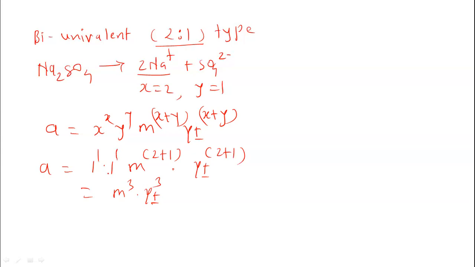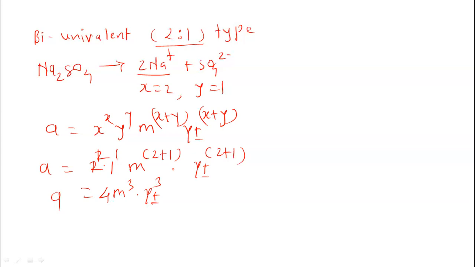Now here y is equal to 2, x is equal to 1, so 2 raised to 2 here. So it is 4 into m cube gamma plus minus raised to cube. So the expression for the activity of the electrolyte is 4 m cube into gamma cube.